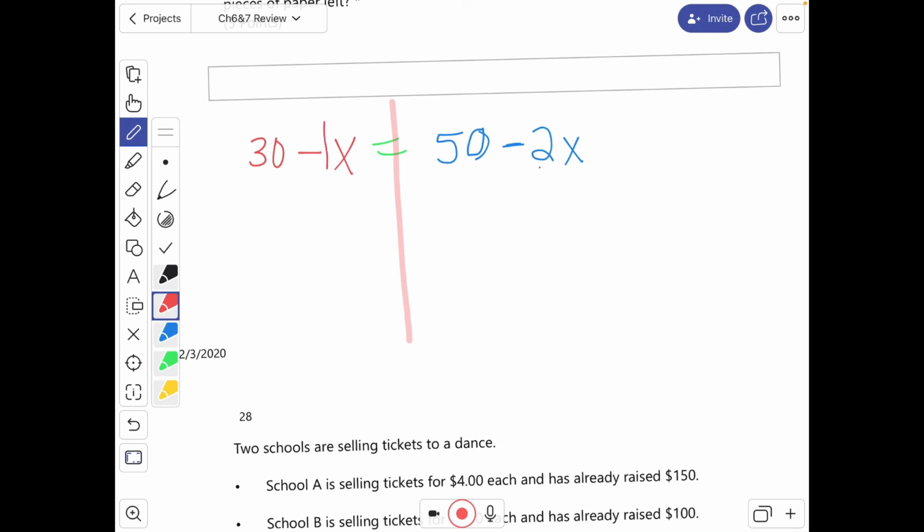So over here on the left, I have 1x, and over here I have 2x. So I'm going to move the little guy, which is 2x, because I see there is a minus sign in front of it, and a negative 2x is smaller. So the opposite of negative 2x is plus 2x.